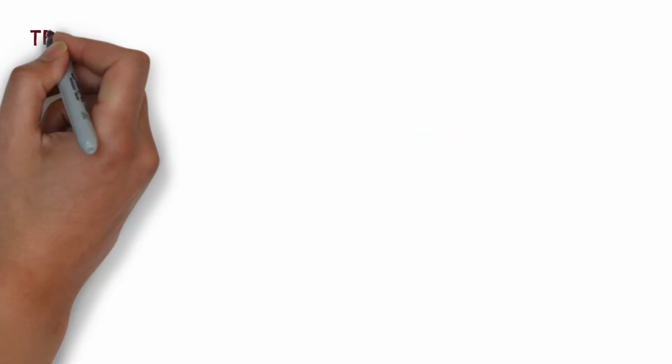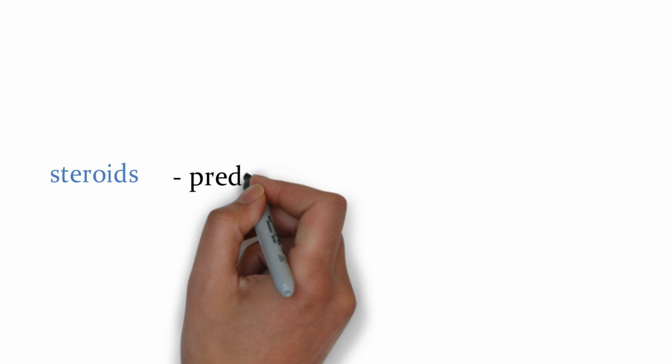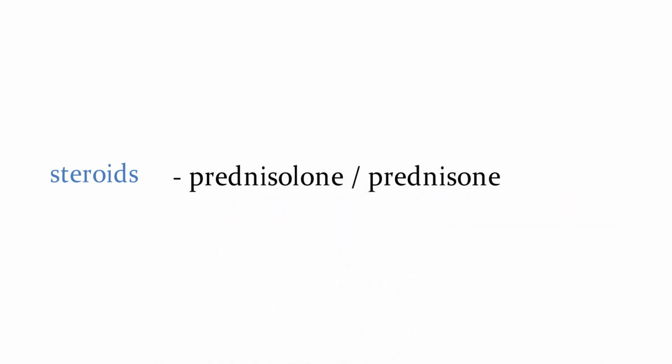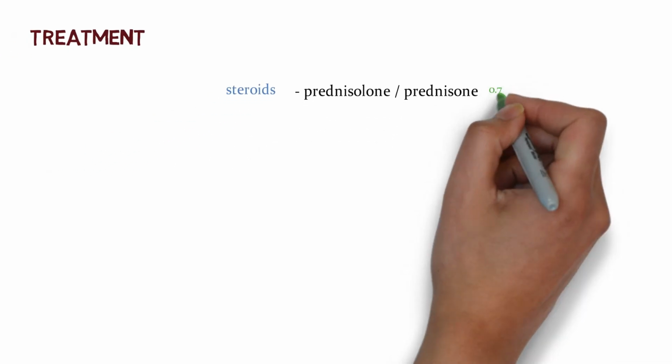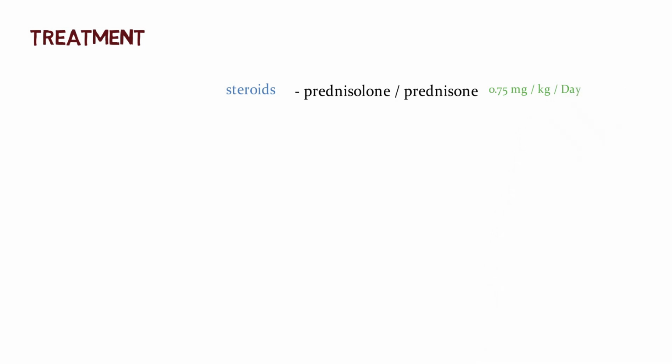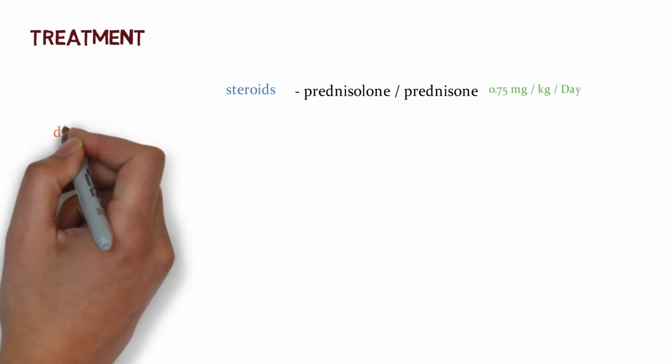Now, what is the treatment of this disease? We can use steroids, like prednisolone, prednisone. These drugs have been shown to be effective till now. We can use a dose of prednisolone or prednisone of about 0.75 mg per kg per day.